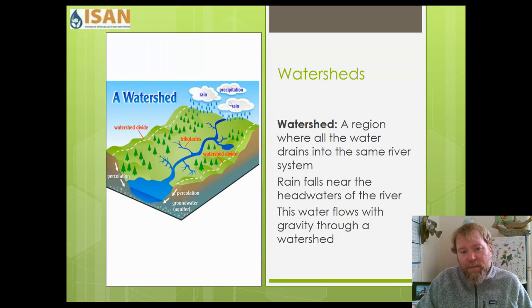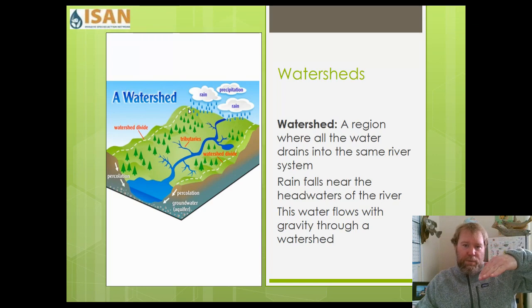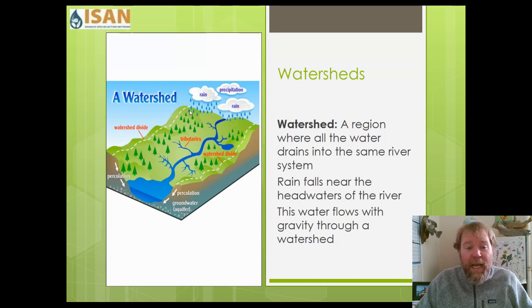So what happens is when it rains at the top of those watershed divides, gravity will help to pull that water downhill. And as more and more water gathers going downhill, it forms little tiny creeks, and then it turns into a small stream, and then the stream turns into a river, and then a river turns into a bigger river after more tributaries join, and then it goes down into a basin, a lake, or maybe a reservoir.